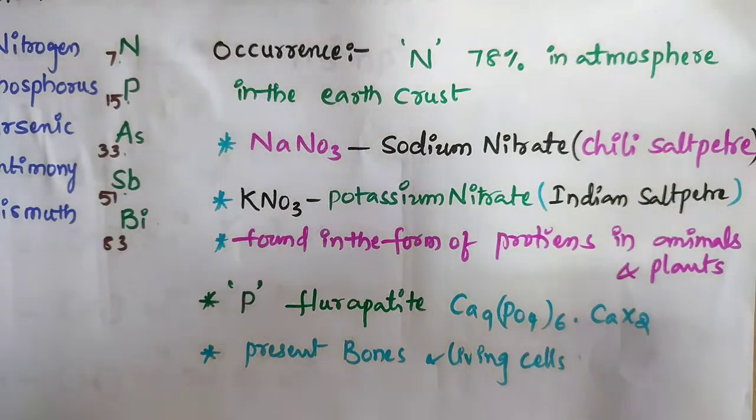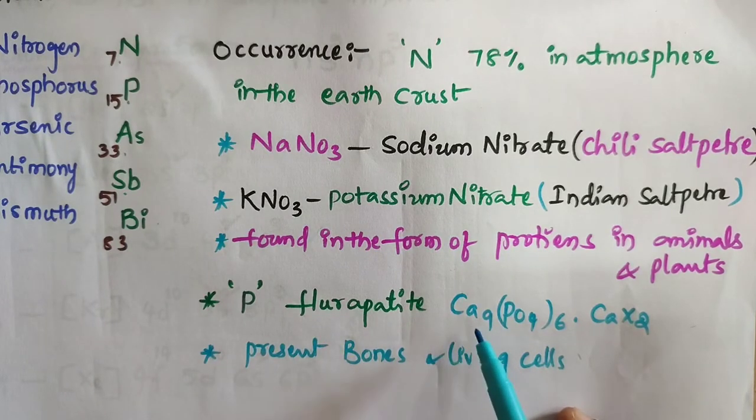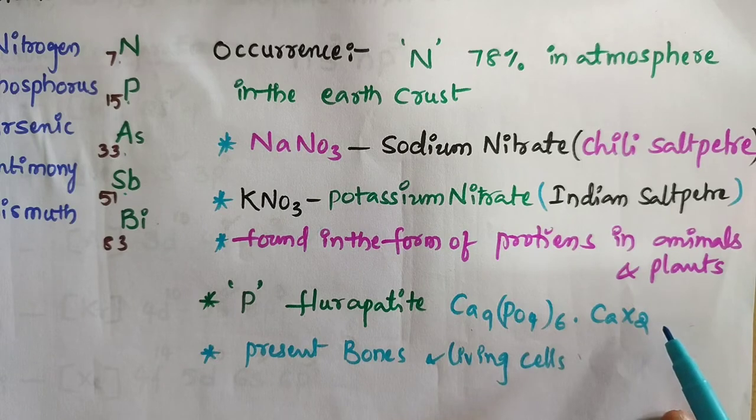Next one, phosphorus. Phosphorus occurs in minerals of the apatite family. Fluorapatite, Ca9(PO4)6CaF2, is one example, which is the main component of phosphate rocks.